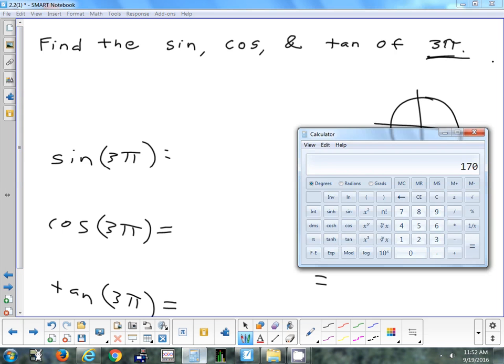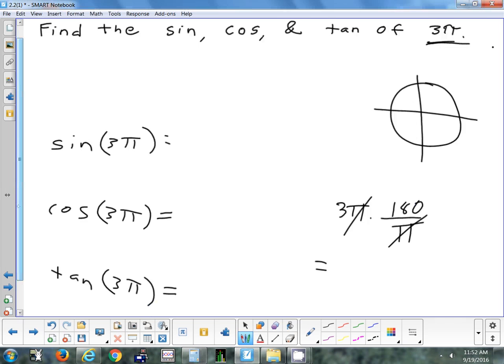And as John just said, it's 3 times 180, which is 540. But now I still think I have a problem. That angle's big, a lot bigger than I want to work with. So what can I do to make that angle smaller? Yep, go ahead. Yeah, subtract 360.